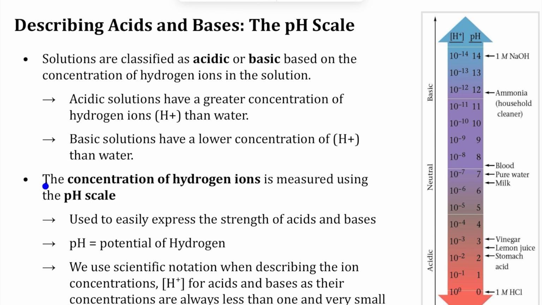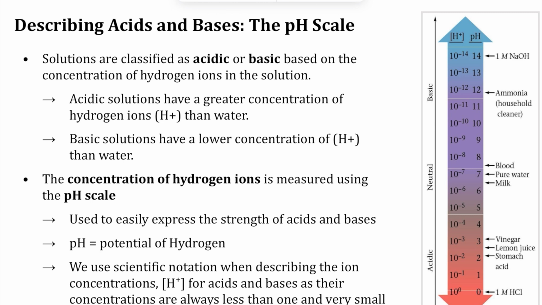So the concentration of hydrogen ions is measured using the pH scale. Again, pH, potential of hydrogen, is used to easily express the strength of acids and bases. We use scientific notation when describing the ion concentrations. Again, square brackets mean concentration, so [H+] for acids and bases, because their concentrations are always less than 1 and very, very small.